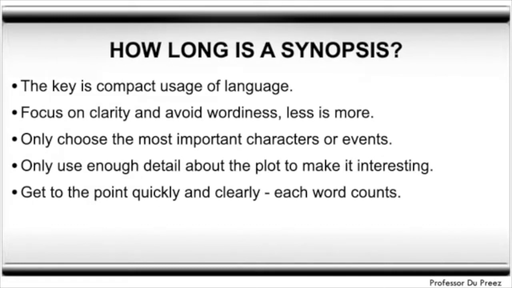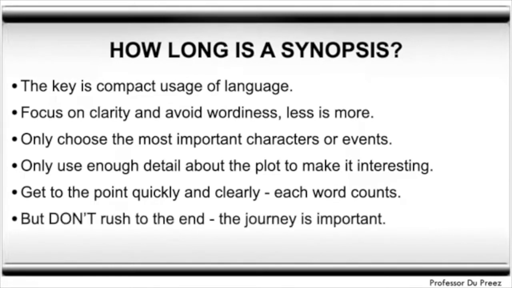Get to the point quickly and clearly so that each word in the synopsis counts. Don't rush to the end. A brief synopsis should be your goal while making known the journey through the animation from beginning to end.